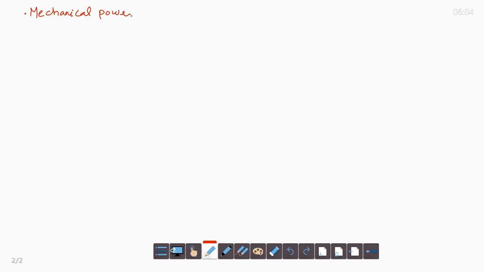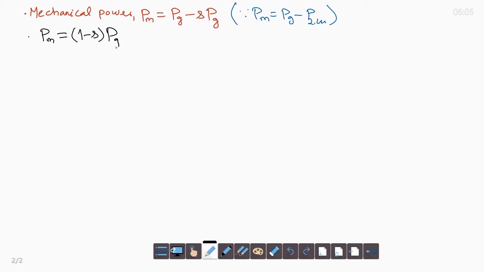Mechanical power Pm equals Pg minus the slip power or copper loss S Pg, since Pm is the air gap power minus rotor copper loss. So, we have Pm equals 1 minus S into Pg. Rotor speed omega m is 1 minus S times the synchronous speed omega s.